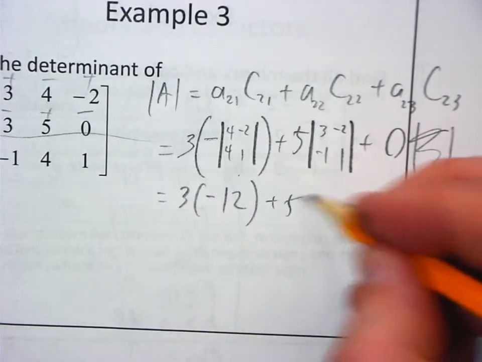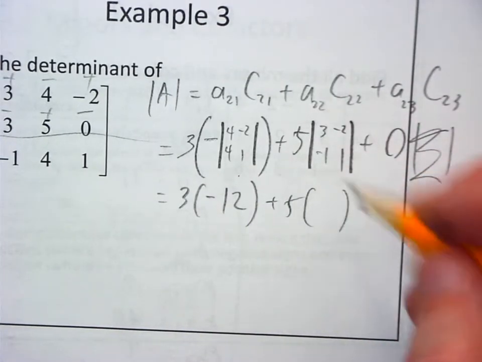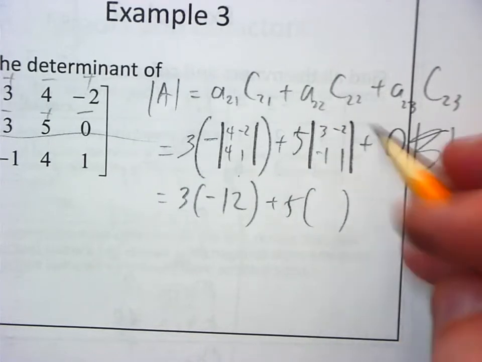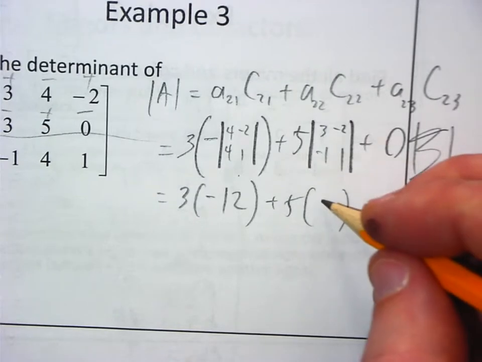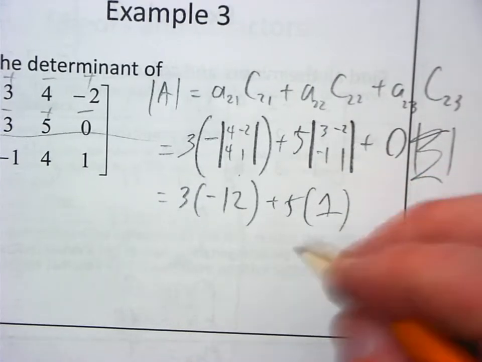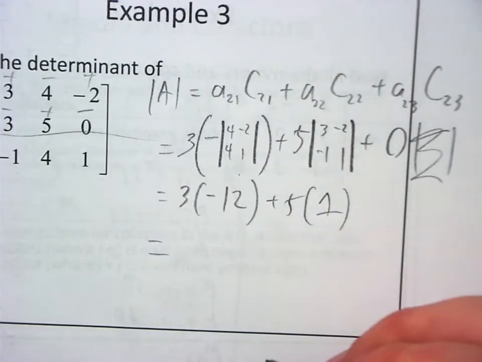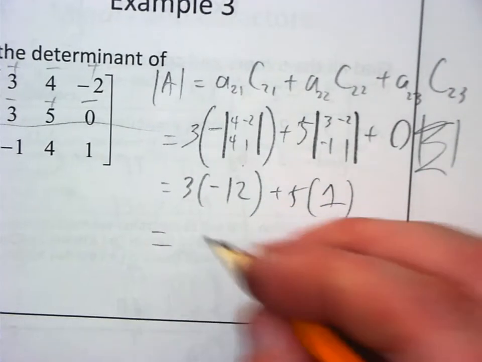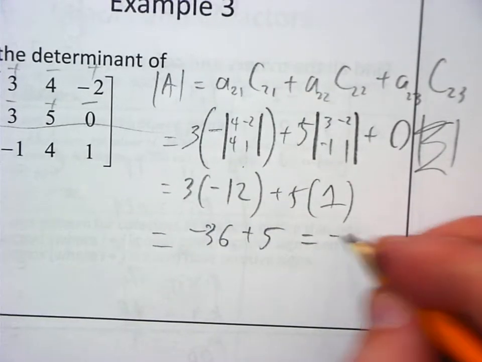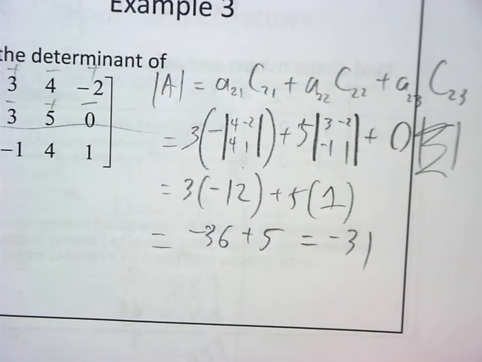What about the next one? 0. 3 minus 2? 1. So, I get what two numbers? Which add up to be? Negative 31. Okay? So that's using cofactors.